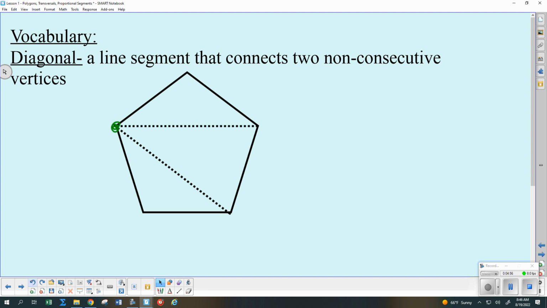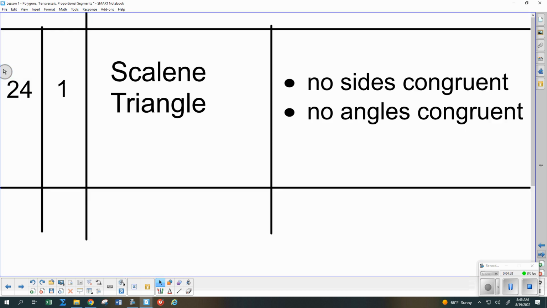Okay, parallel lines. Well, let's throw this into the formula list. We talked about it the other day, but whoops, we didn't get that one in, so let's add it now so that list is complete. Scalene means all three sides have different lengths and all of the angles have different measures.